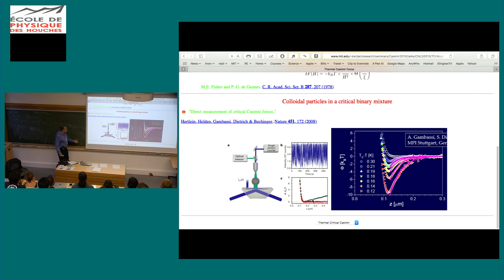Then what they do is they change parameters such as temperature so that the fluid in which this colloidal particle is fluctuating up and down goes through the critical point. Okay? And away from the critical point, correlations are finite. So the sphere really doesn't know through the fluid fluctuation that the plate is there.